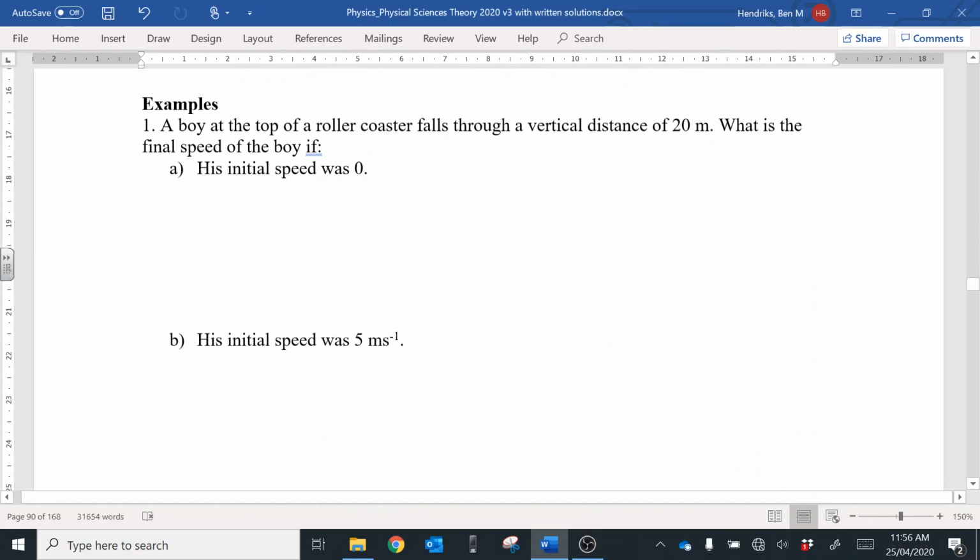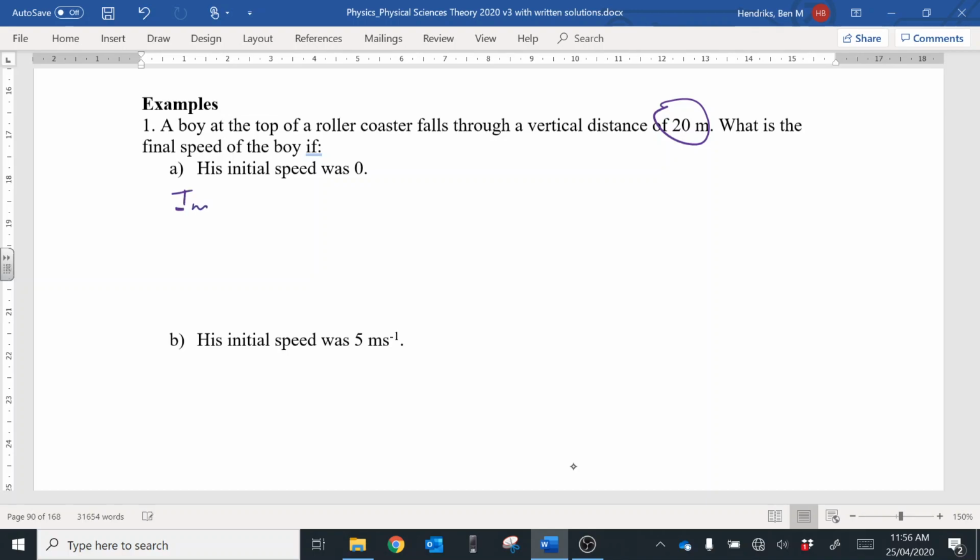So let's move on to some examples. A boy at the top of a roller coaster falls through a vertical distance of 20 meters. What is the final speed of the boy if his initial speed was 0? We start off by saying that his initial energy is equal to his final energy, and he starts off with potential energy, and that gets converted to kinetic energy.